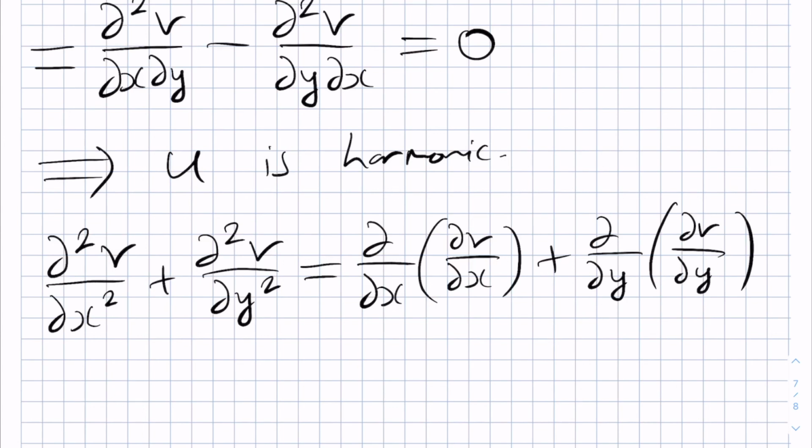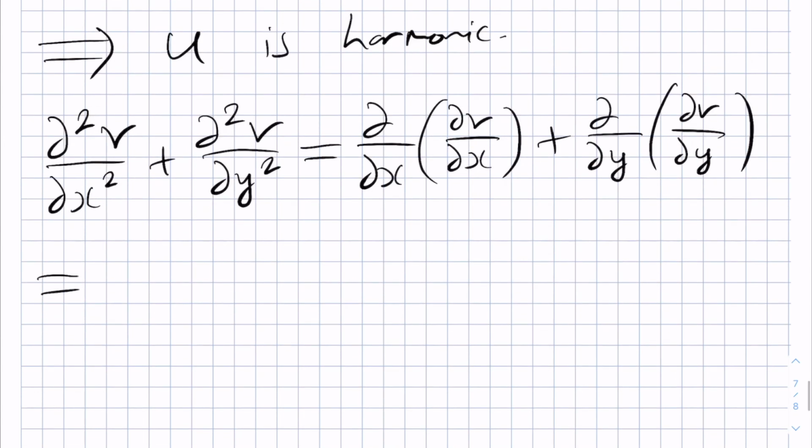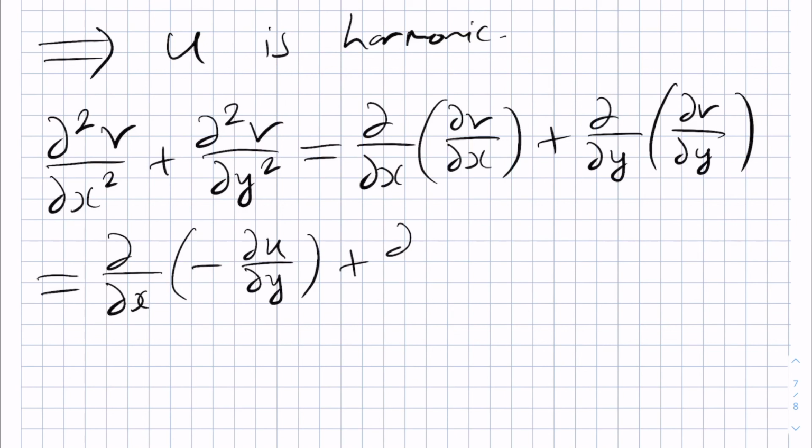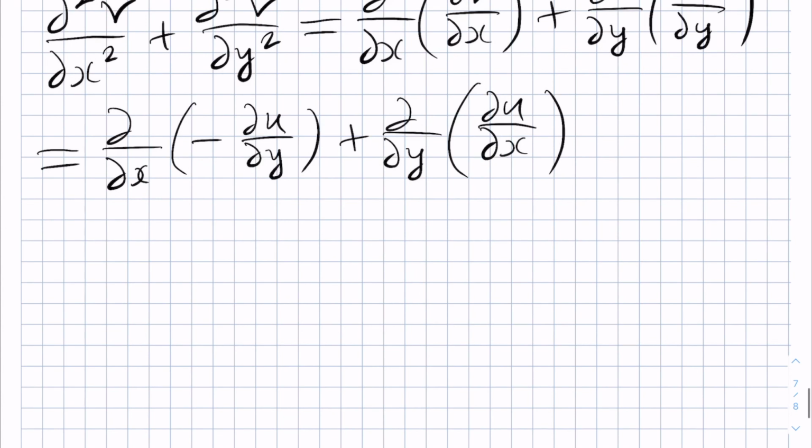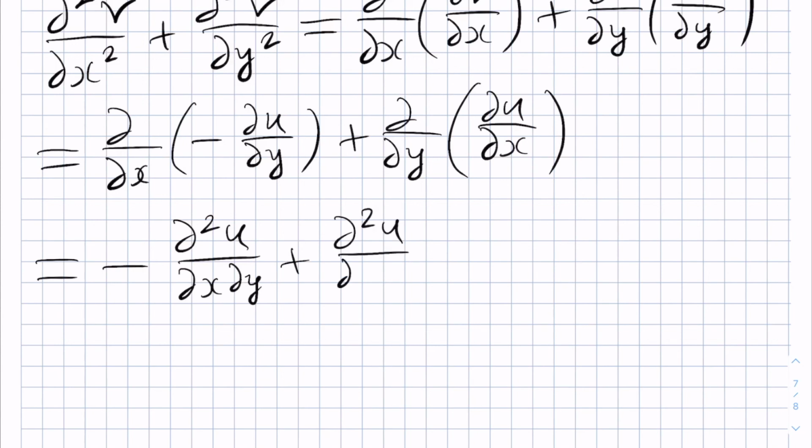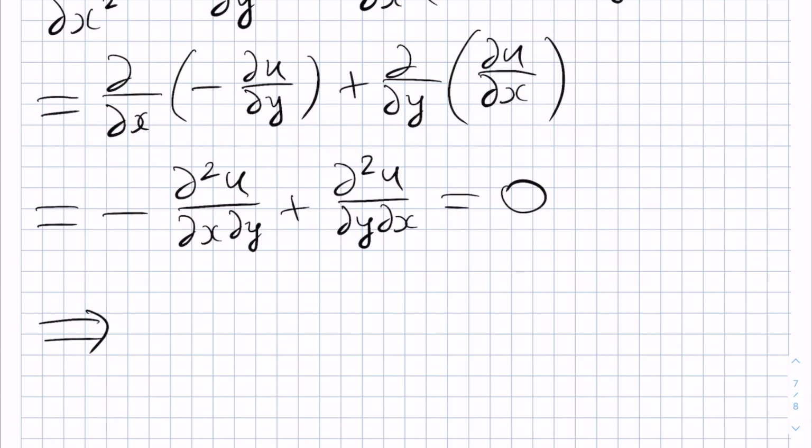Then the Cauchy-Riemann equations give us d/dx of minus du/dy, plus d/dy of du/dx. This is equal to minus d squared u/dx dy plus d squared u/dy dx, which is again 0 by the symmetry of mixed partial derivatives. So therefore, v is also a harmonic function.